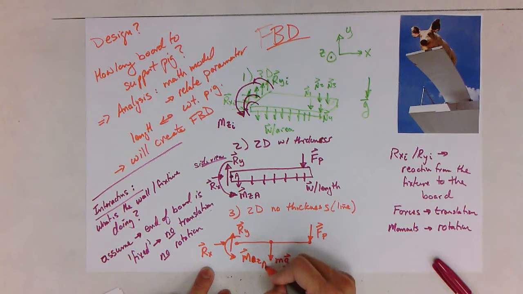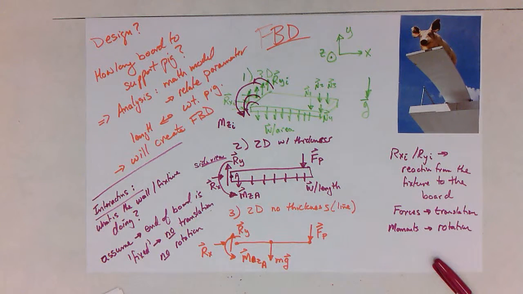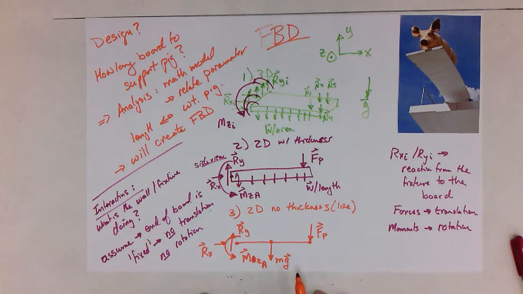I've used M_z in the Z direction about point A. So there's the free body diagram that I can use to do some modeling and calculations and analysis to answer my design question.